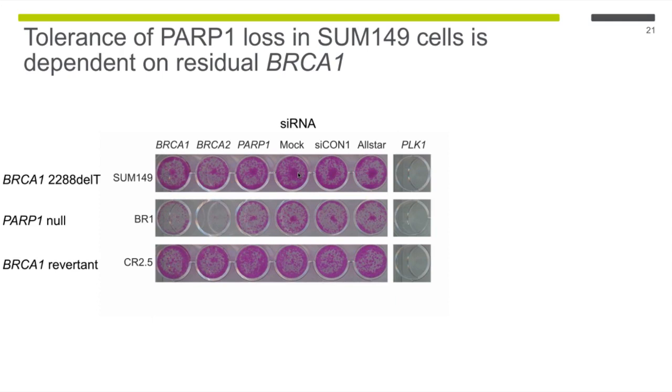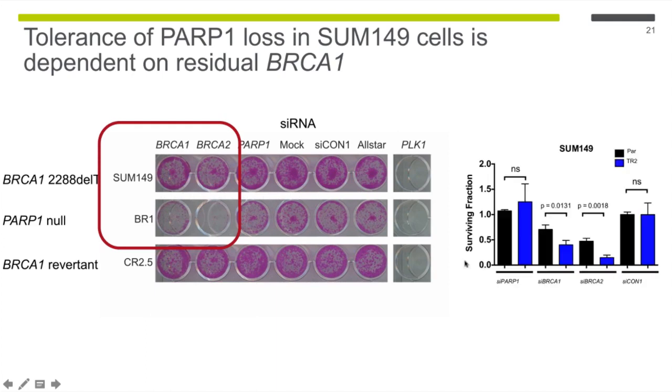And what you can see from this experiment is that even in the PARP1 null mutant, if we knock down BRCA1 and BRCA2, we still see this synthetic lethality that's quantified over here. So it seems like these cells, even though they come from a BRCA1 mutant patient, still have some residual BRCA1 activity, and that seems to be allowing them to tolerate this mutation in PARP1.